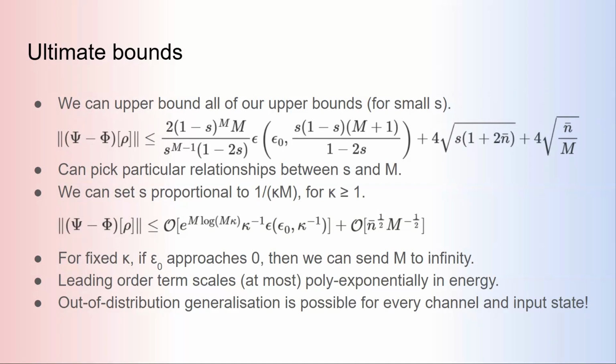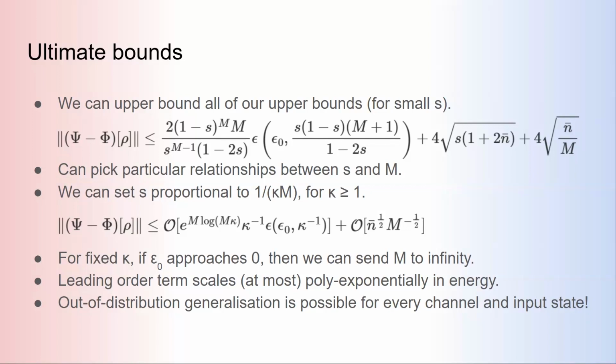And we can pick particular relationships between s and m to study different things. So if I set s proportional to 1 over kappa m, I kind of get an order scaling of this bound. And basically, although this is terrible, what it tells us is that if epsilon naught approaches 0, we can send m to infinity.